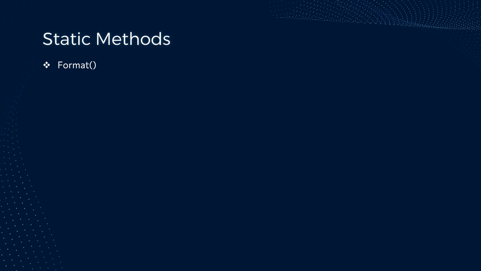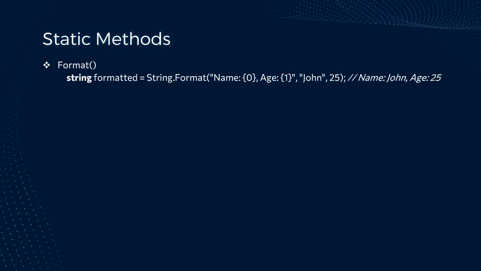So here the first static method of the string object is Format. Now you can see I have taken one variable, string formatted, and it is equal to string.Format, and then we have the first double quote, then a comma, and then the data.